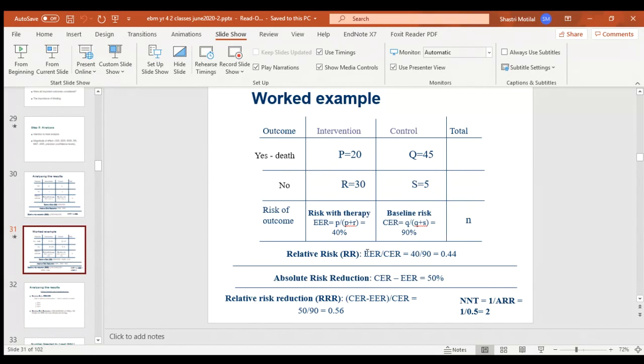So if the relative risk is more than 1 and the outcome is something bad, you're thinking the treatment is harmful. If it is less than 1, you're thinking the treatment is working, it's helping people. And if the relative risk is 1, it means no difference. The treatment is as good as control.